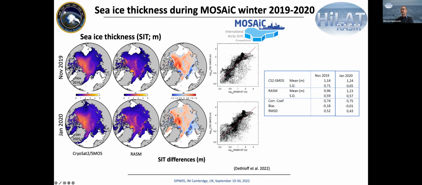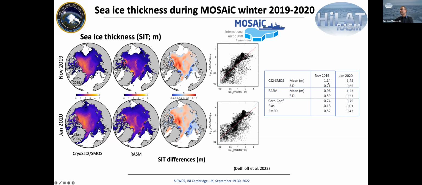The maps on the left are showing the respective November and January Cryosat-2 SMOS and RASM maps, and the differences are shown in the right panel maps, showing roughly 0.5 meter thickness difference between the two maps.